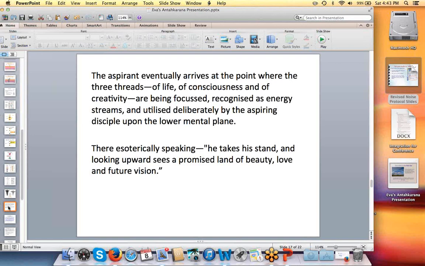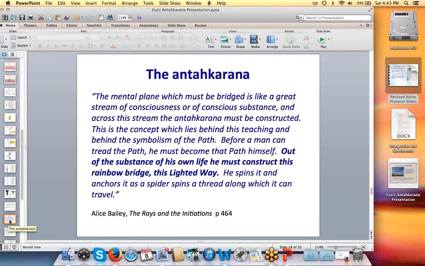This is why we stay focused. This is why we try to tune our mind and hone it in, because without working on the mind, we're not going to get anywhere. Esoterically speaking, we say that he takes his stand and, looking upwards, sees a promised land of beauty, love, and future vision. So we stand right on that mental plane.